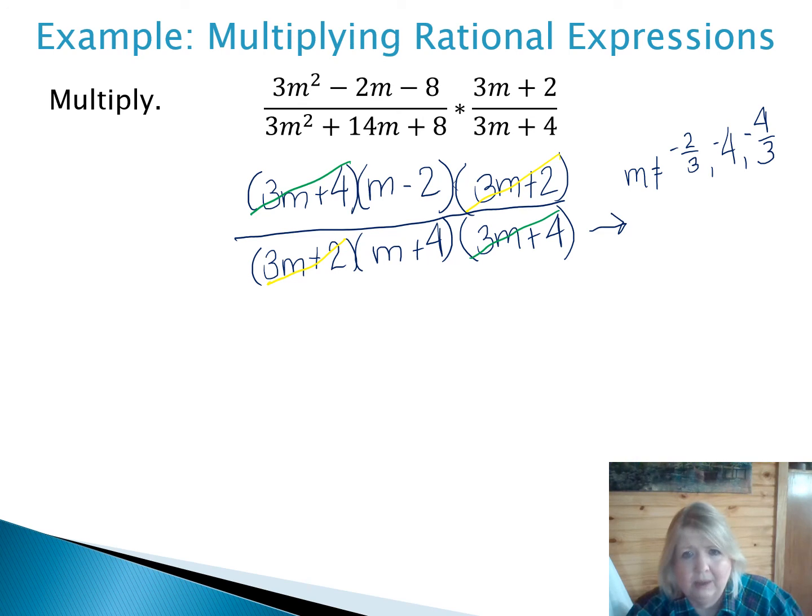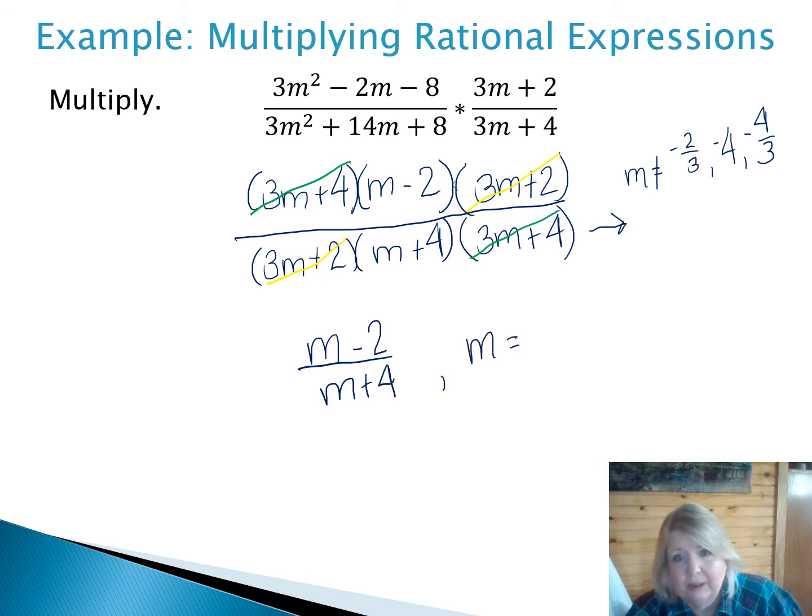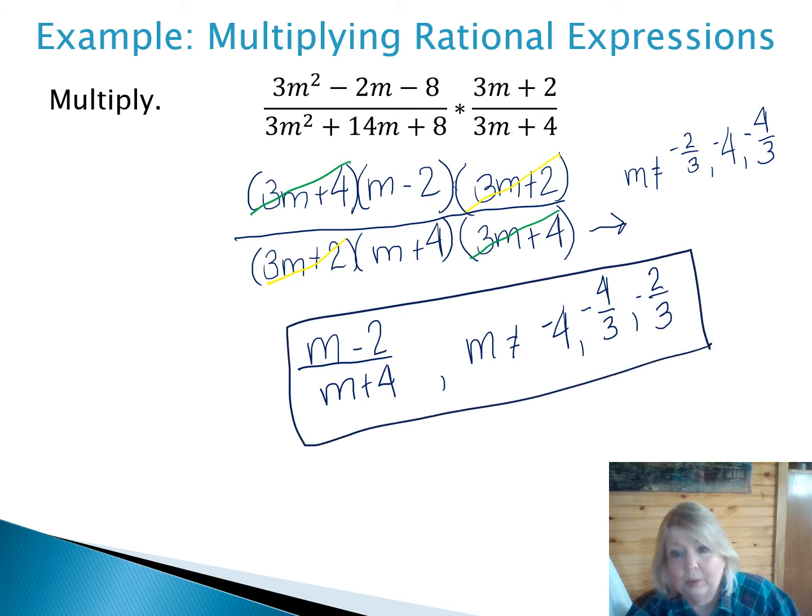I cannot make a 1 out of what's left, so that's going to be my simplified form. m minus 2 over m plus 4, provided that m is not, let me see if I can put these in order, negative 4, negative 4/3, or negative 2/3. Again, 2 of the 3 exclusions went away. So, do your exclusions from the beginning and then carry them all the way to the end. Best of luck.